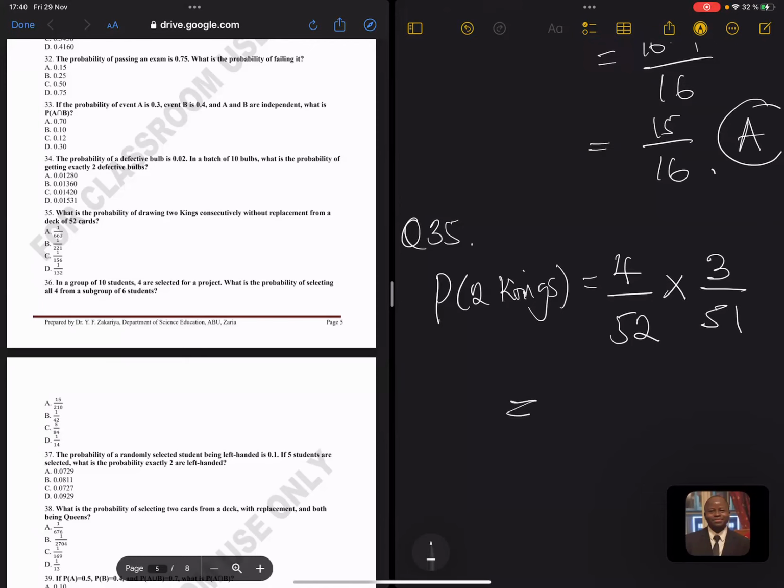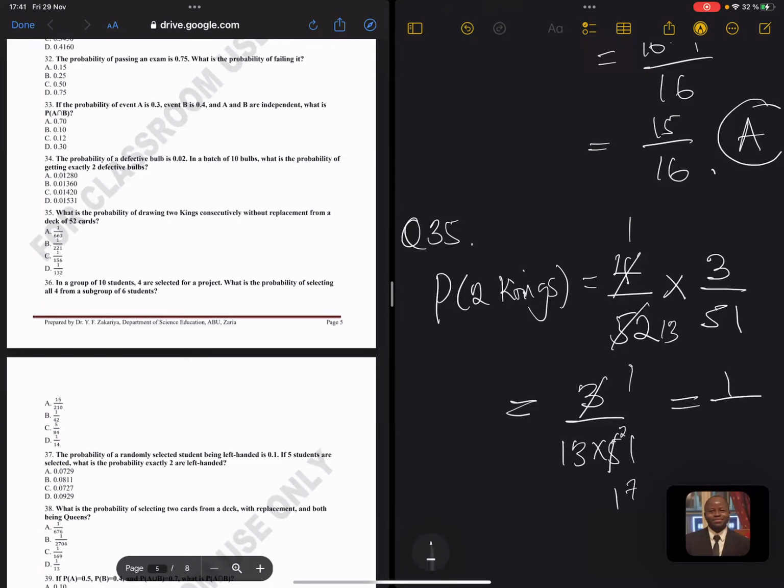And then you can simplify this. 4 here is 1, 4 here is 13. So you have 3 divided by 13 times 51. But 3 can also go into 51. 3 here is 1. How many 3 in 5? 1, remainder 2. Then how many 3 in 21? That gives 7.